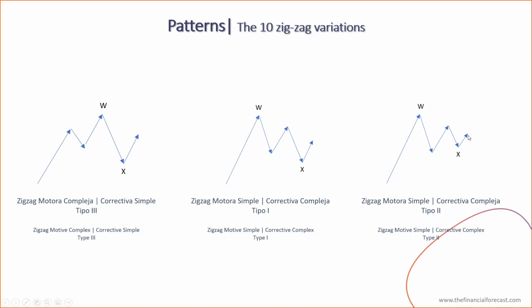Also, we can have the beginning of a triangle in the corrective place. We have a simple wave W, but also a complex corrective wave that can end in a triangle, or can continue with the development of the third wave.